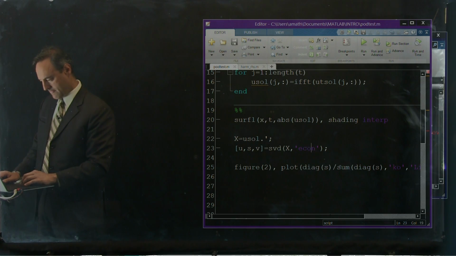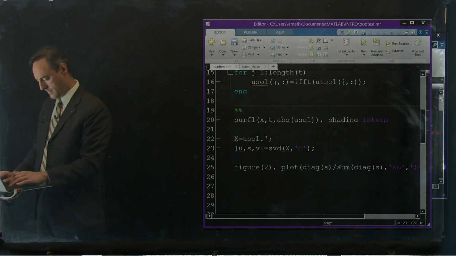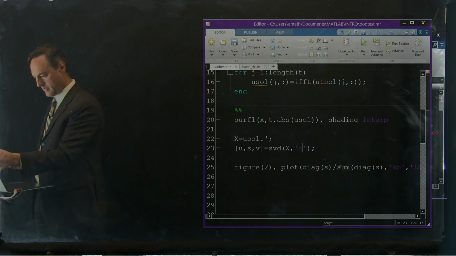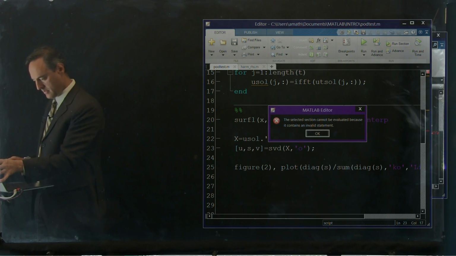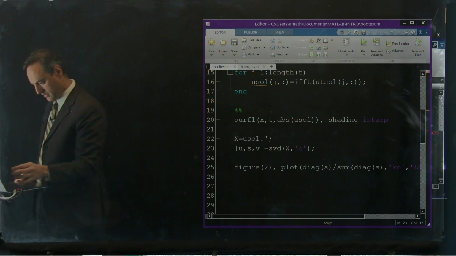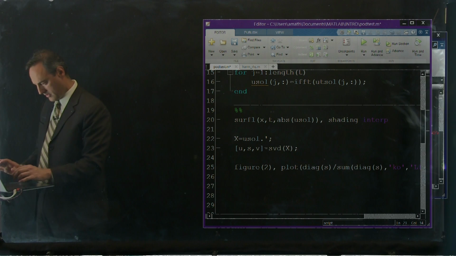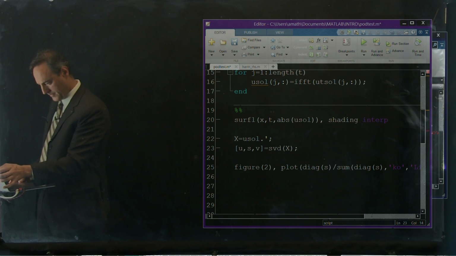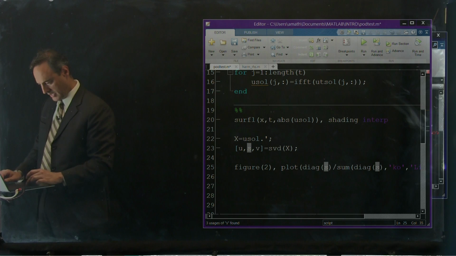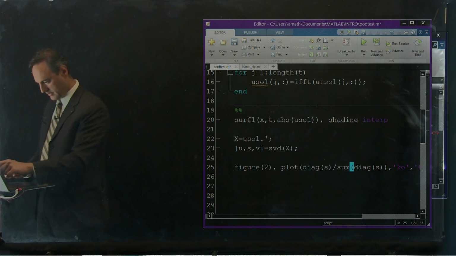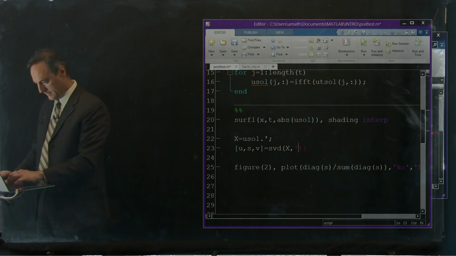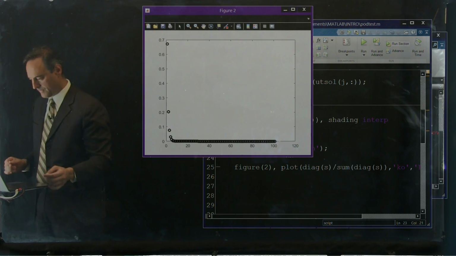Something's not quite right. Sorry. So let me just see what's going on here. Oh, I'm missing a parenthesis. Sorry. Go back to that and run. All right.